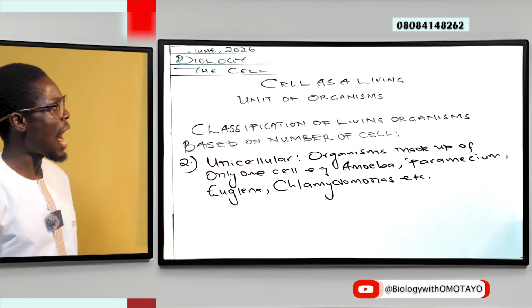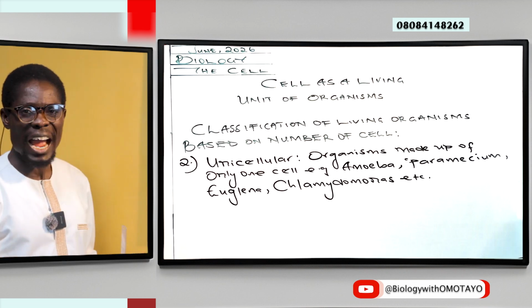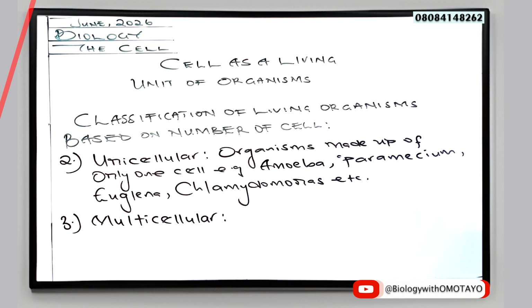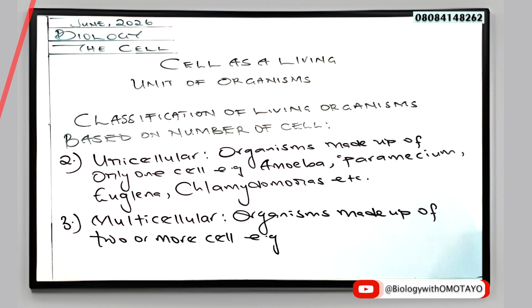Next, we have the ones grouped as multicellular organisms. Here you have organisms that consist of two or more cells for them to function independently and carry out all processes of life. The examples of multicellular organisms abound.